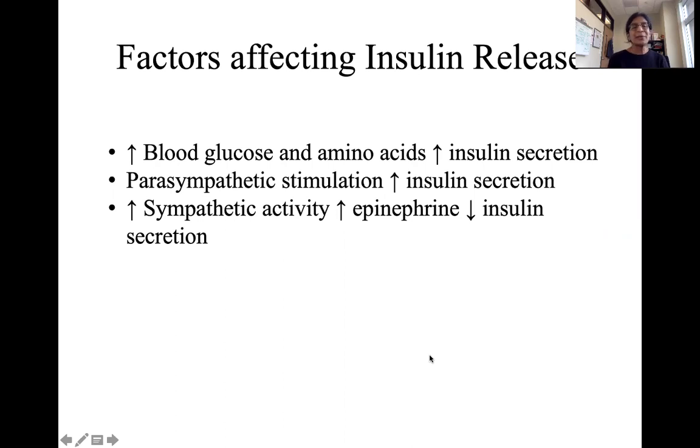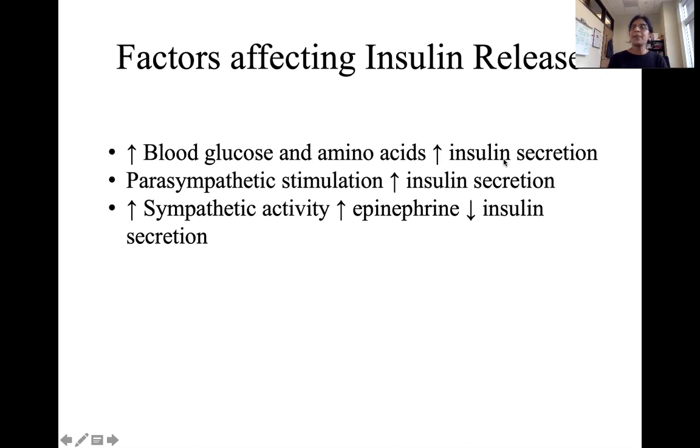All right, so what triggers the release of insulin? High levels of nutrients, that is, soon after a meal, increasing levels of glucose and amino acids are a trigger for the release of insulin.